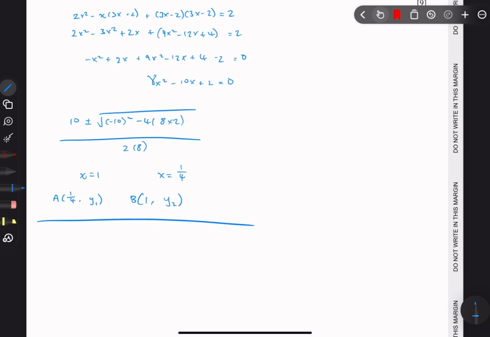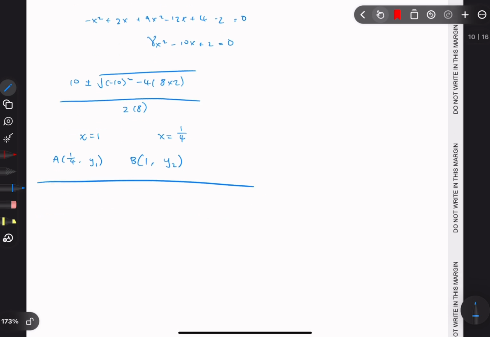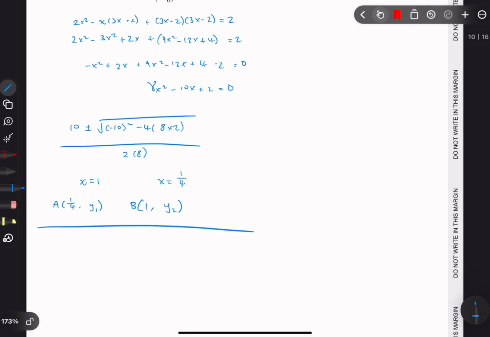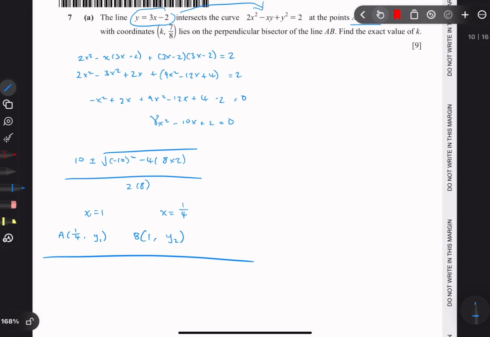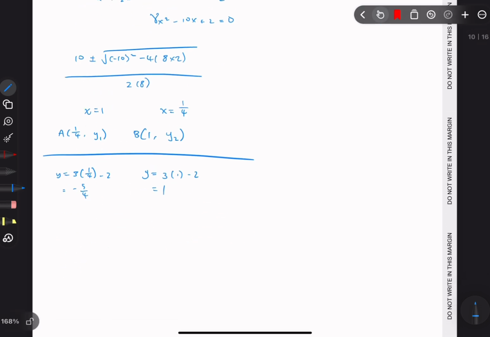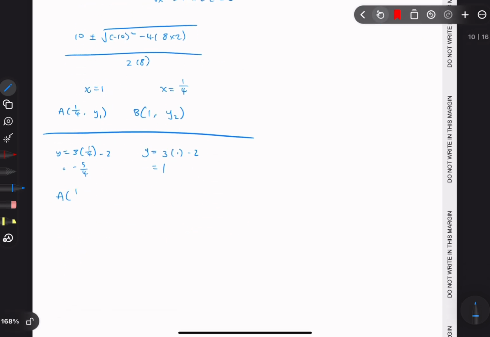Okay, so we have these 2 points. Now to find the y value, we can just sub the x value back into the y equation. And this is the points for A and B.